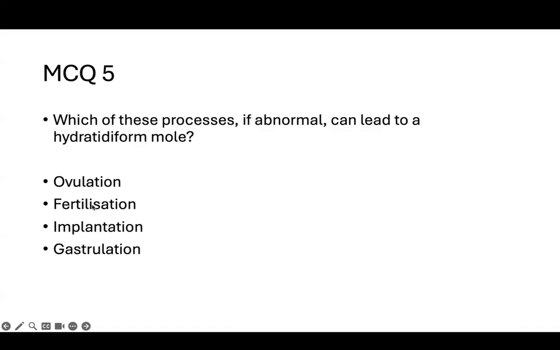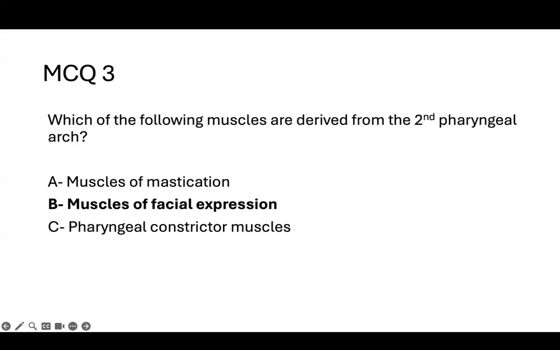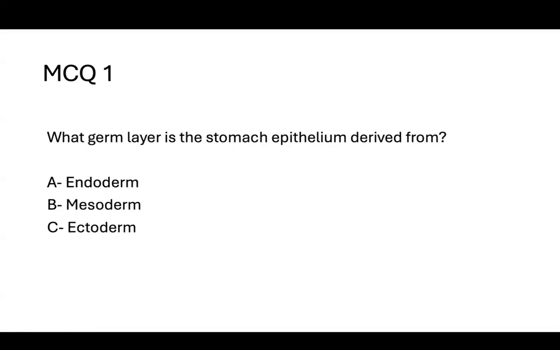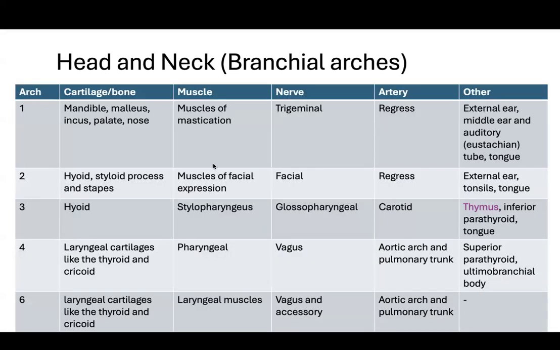Which arch is C from? Pharyngeal constrictor muscles. So that would be the cricopharyngeus. If we look at our table, stylopharyngeus would be, I would say, 3.